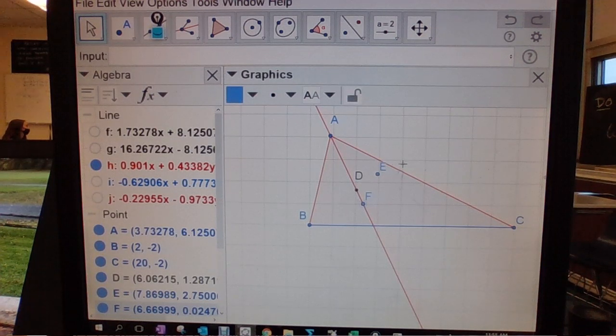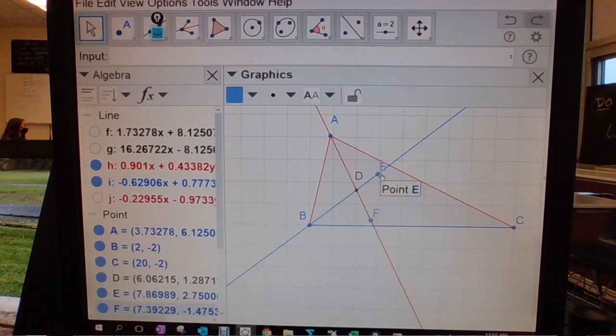Is that okay with everybody? Well, if we look at maybe a point D, and that is a point that is on the blue angle bisector and it's on the red angle bisector, that means that point D, because it's on the blue angle bisector, is equidistant from AB as it is from BC.